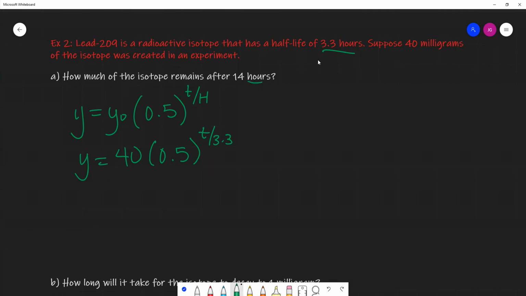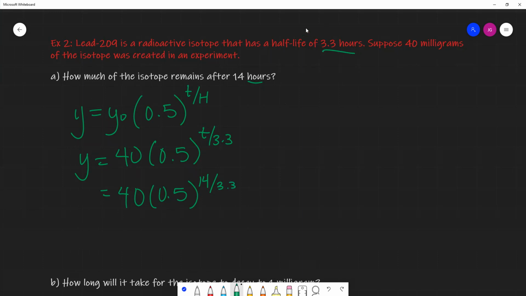Okay, our units do match, so I can immediately just plug in 14. So 40 times 0.5 to the 14 over 3.3. And the nice thing about Desmos is you can, just like we did with that log over log stuff, put this in one single line, and it'll calculate it immediately for you, instead of doing it in parts. So I'm gonna do that really quick.